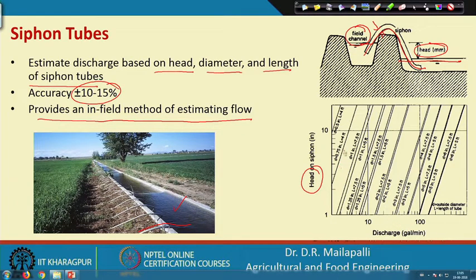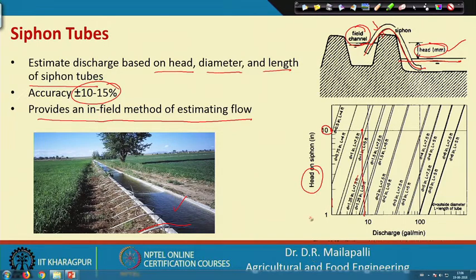So, these are the diameters. Okay. So, for example 10 inches of head and for diameter 1 inch, okay, and length 7.5 feet, I am supposed to get around 9 gallons or 8 gallons per minute.